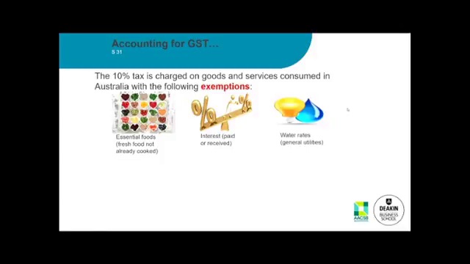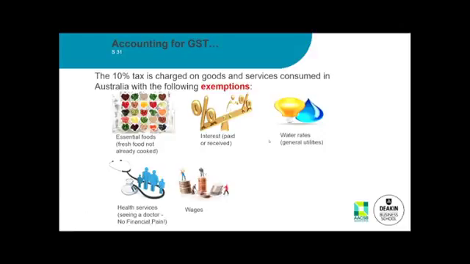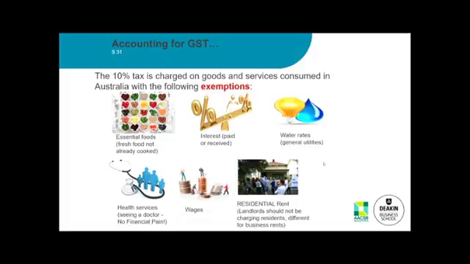No GST on your water. No GST on your health, although they did try and introduce that, I think about 12 months ago, but it didn't get very far. No GST on your wages. And no GST on your rent. And also good for you guys, no GST on your tuition. All right, so there's some of the things that are exempt. That's not a complete list, all right? That's just some of the exemptions, of course.